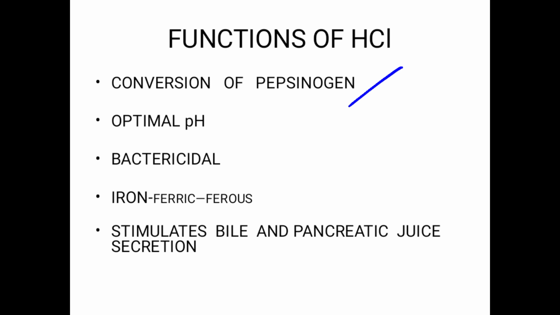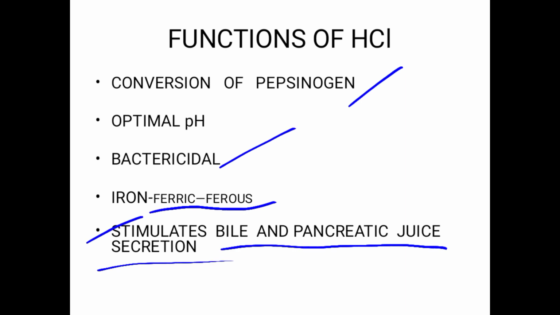It gives the maximum pH for the activation of many enzymes. It is bactericidal, so it kills bacteria. It converts iron from the ferric form into the ferrous form, Fe3+ into Fe2+. And it also stimulates bile and pancreatic juice secretion.